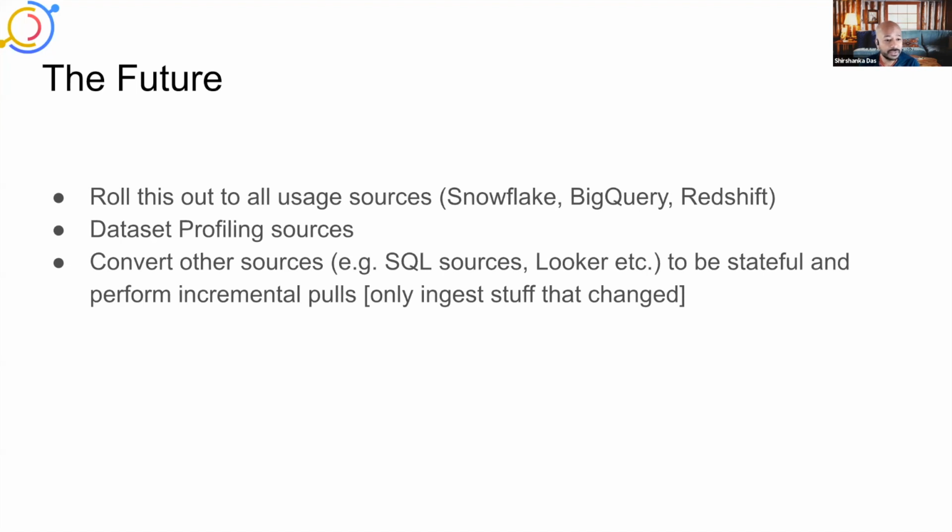And also start converting other sources, such as our SQL sources that are ingesting schemas, our Looker sources, to be stateful and only perform incremental pulls. This will reduce your API bills as well as reduce the time that it takes for these sources to run. So that's all coming soon.